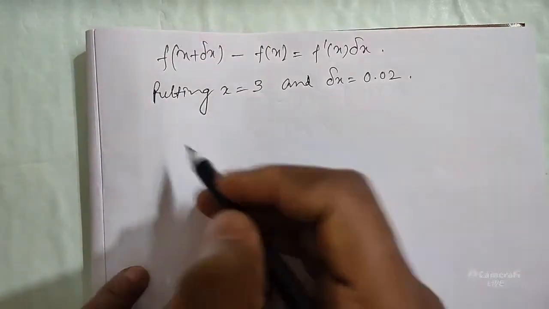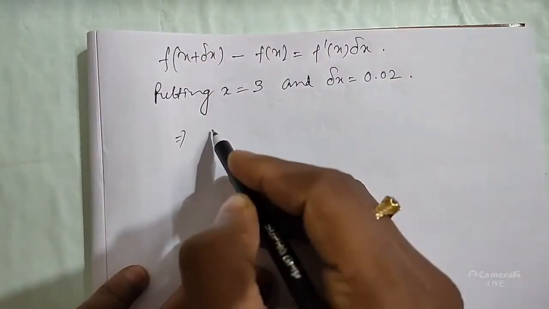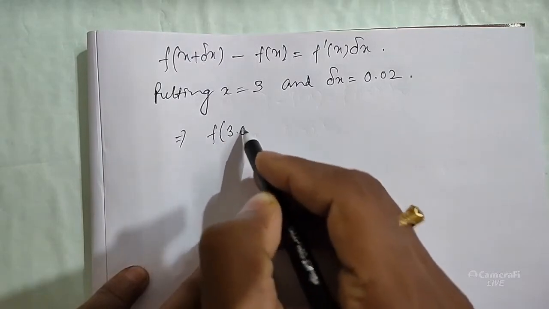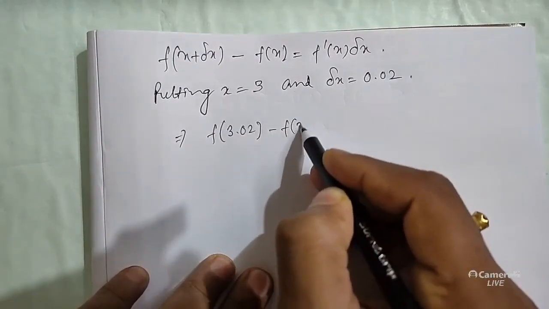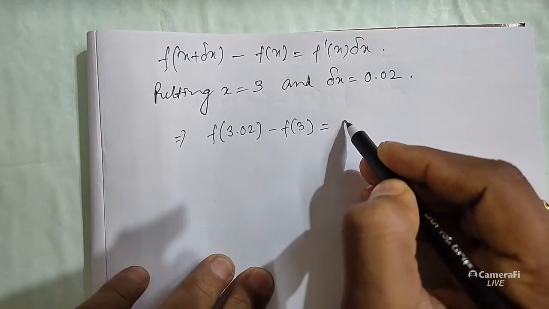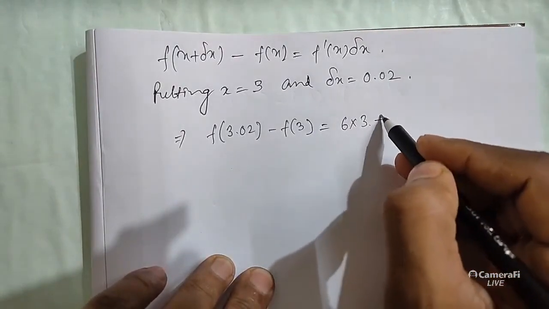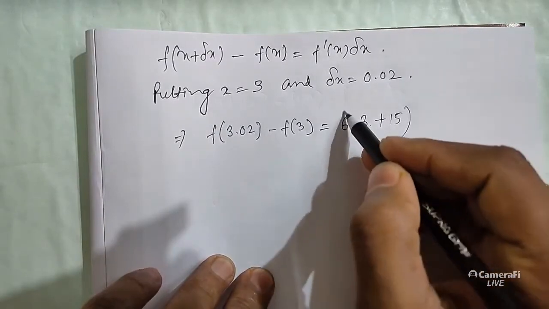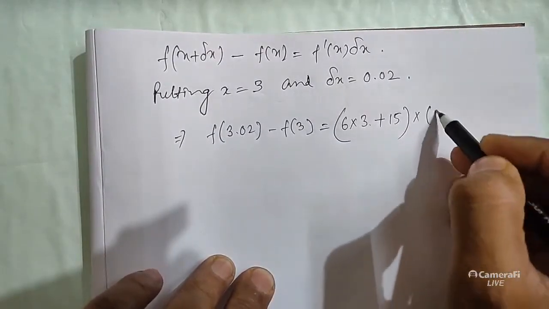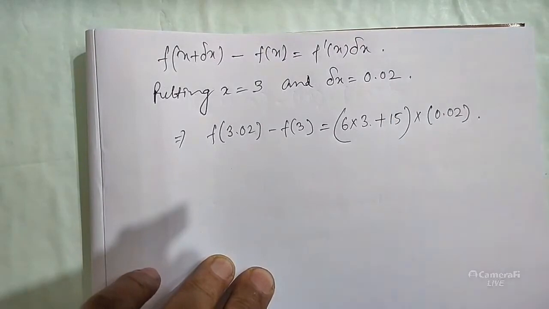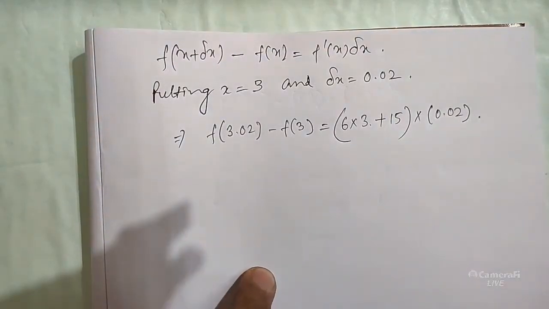Now if we put the value, what will we get? Therefore f(3.02) minus f(3) is equal to (6x plus 15) into del x. This is coming.